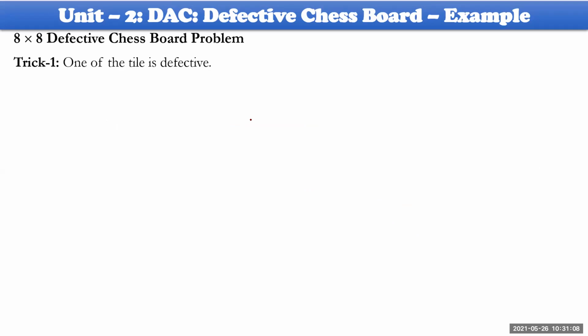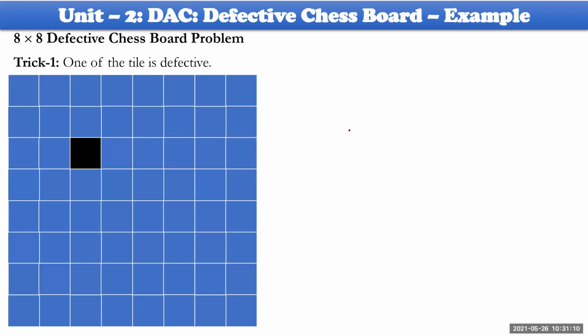So what is the problem here? If an 8x8 problem is there, then what exactly can you see? Look at this. This is an 8x8 chessboard, which has totally 64 tiles. Out of 64 tiles, one particular tile is defective.